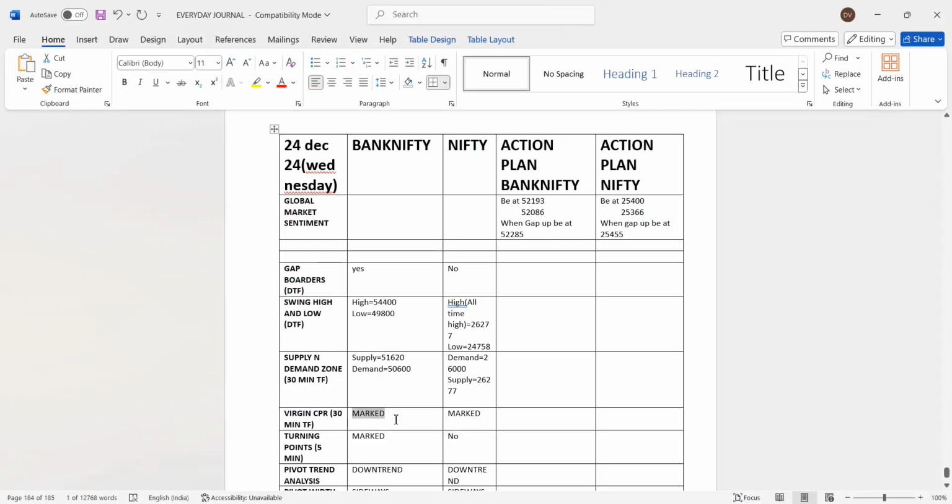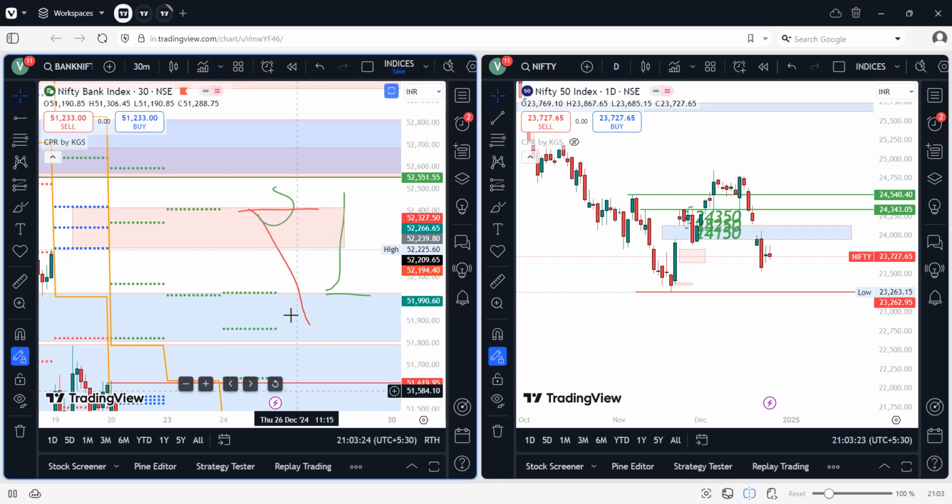Why am I doing all these things? Because if you do it every day without measuring what you are doing, you can't control it. When I am doing this every day, sometimes I may miss the demand zone. I may miss the Virgin CPR. So the next day, if the Virgin CPR is acting as a strong resistance, for example, I forgot to mark this level and there is a rejection from here.